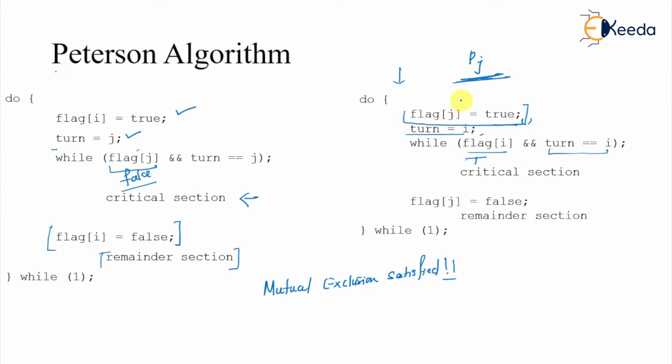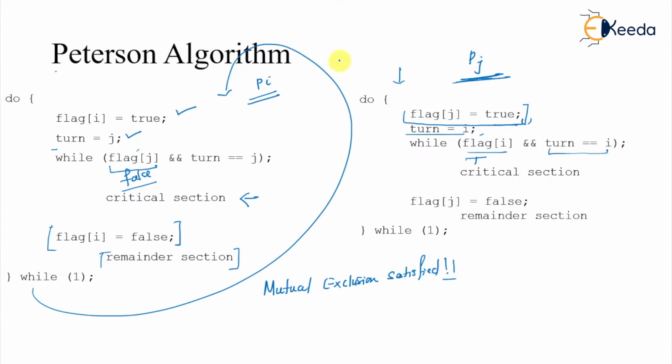In the remainder section, if pj wants to, it can go to the critical section. Suppose pj again does not want to go into the critical section, and pi says that it wants to go.